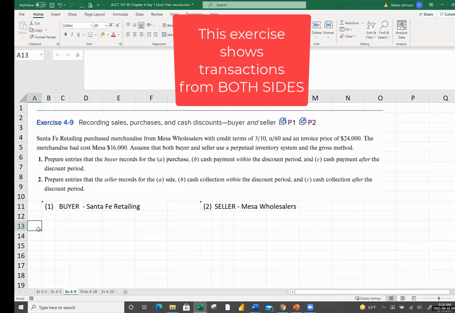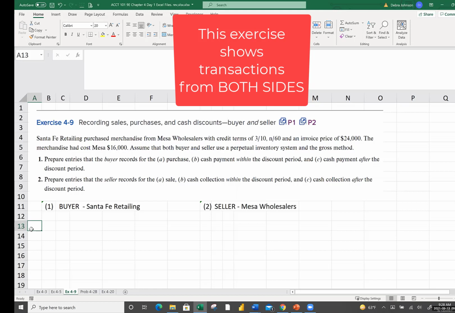They're going to mirror each other. And so that's why I'm going to do this one side by side. In Connect, you'll be doing it vertically. I'm going to present this side by side so you guys can see that mirroring effect happen. So give me a second to pull that one up, and let's go ahead and work through this one.